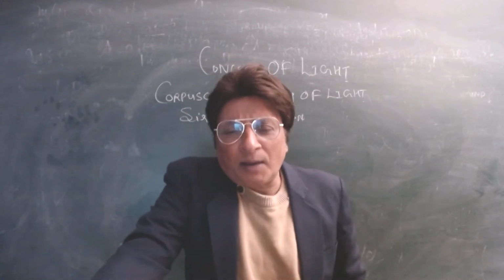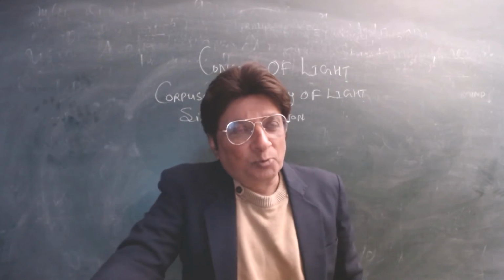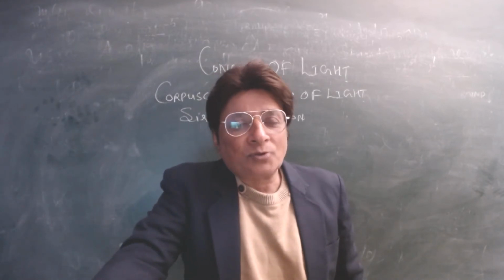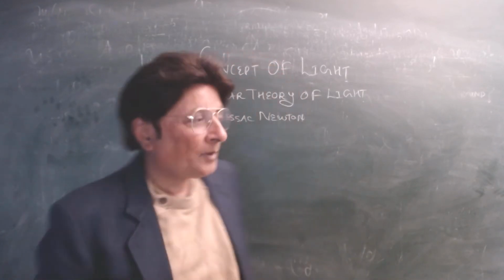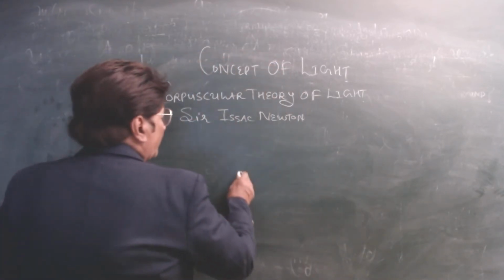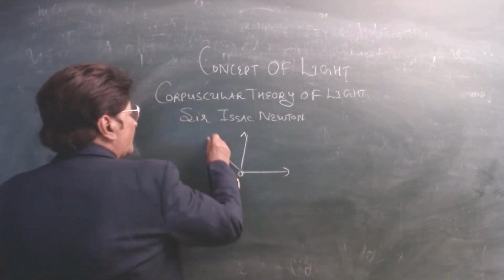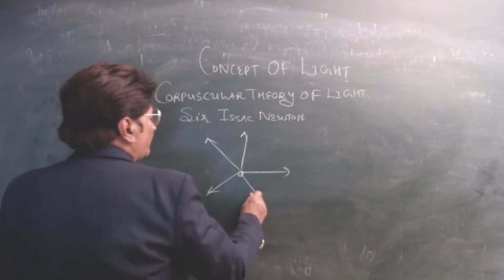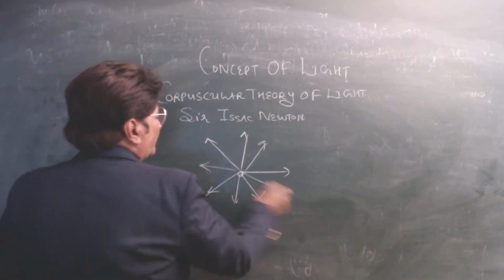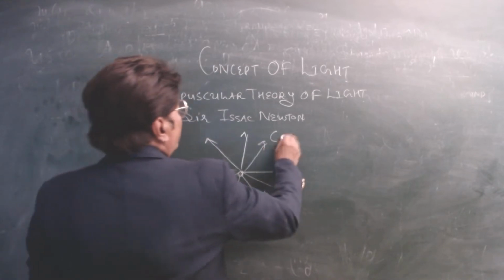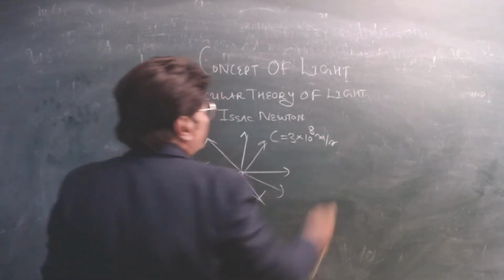A corpuscle is basically a particle which travels in a straight line. So this theory says light travels in a straight line, and it emanates in all directions, but in a straight line, with the speed of light 3 into 10 to the power 8 meter per second.